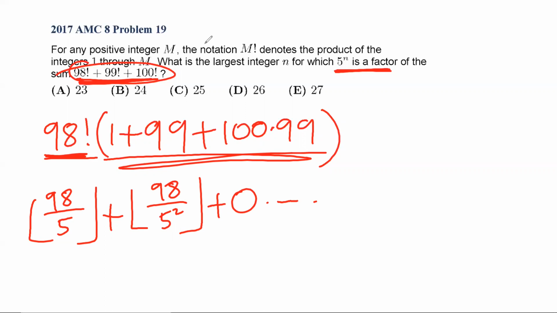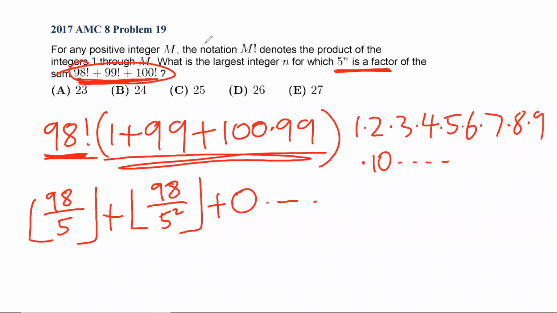Okay, so like half of you are saying yes, half of you are saying no, but I'll just go over it really quickly. Basically the way that 98 factorial works is you have 1 times 2 times 3 times 4 times 5 times 6 times 7 times 8 times 9 times 10, all the way up to 98.